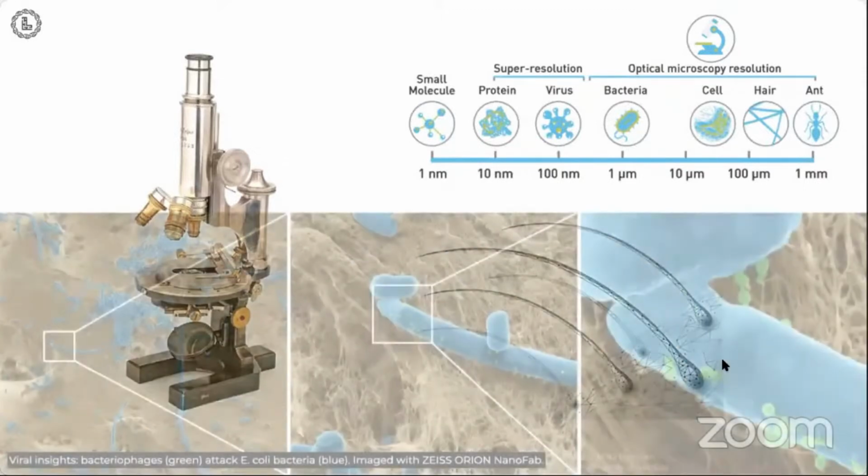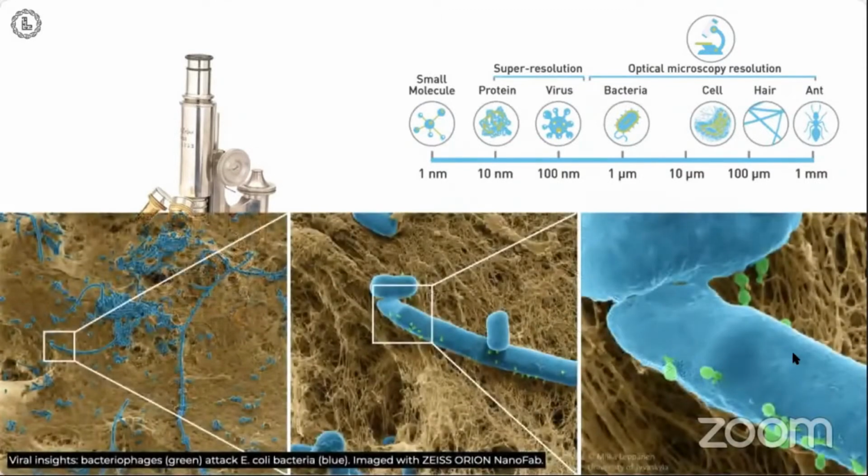As the resolution of these microscopes improved, more and more representatives of this unseen world have been discovered. Today the microscopes we use are tremendously powerful, and allow us to see smaller and smaller elements that reveal how the world of microorganisms functions on every imaginable surface. In this image, we can see a super high resolution image of bacteriophages, green in color, attacking the bacterium E. coli, blue in color.